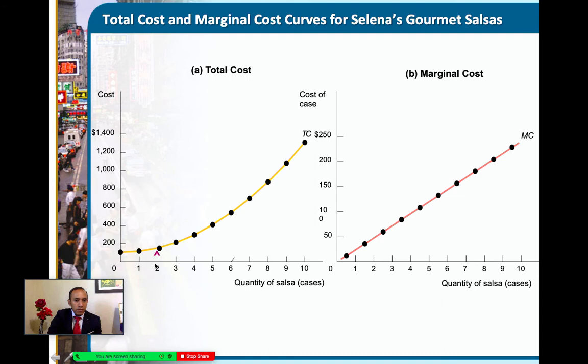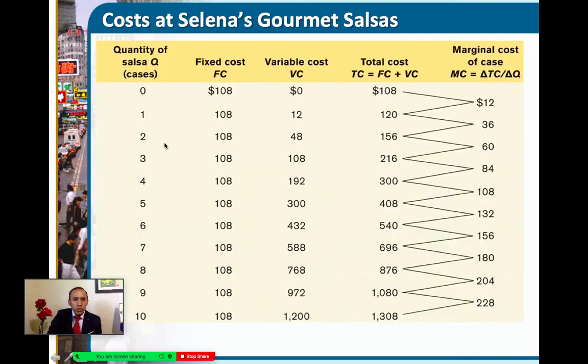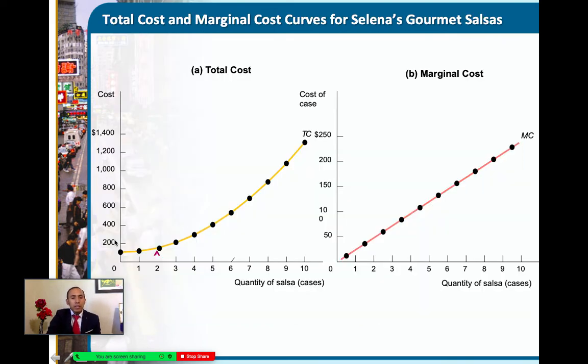The total cost of 2 cases is about 196 or so, depending on how it is in the graph. Two cases of salsa cost you 156. The total cost of 2 cases of salsa is 156. The marginal cost of just that second case here is $36. So from 1 to 2, how much is the marginal cost of the second case? $36, which is graphed here.